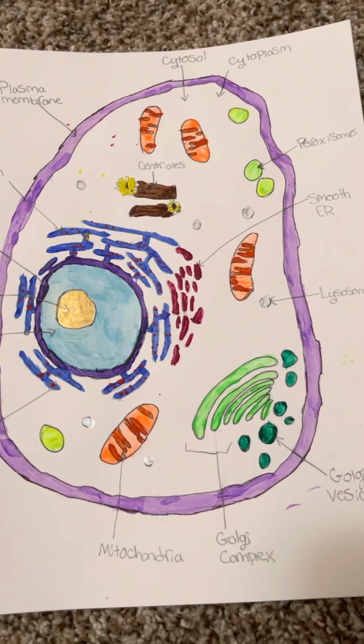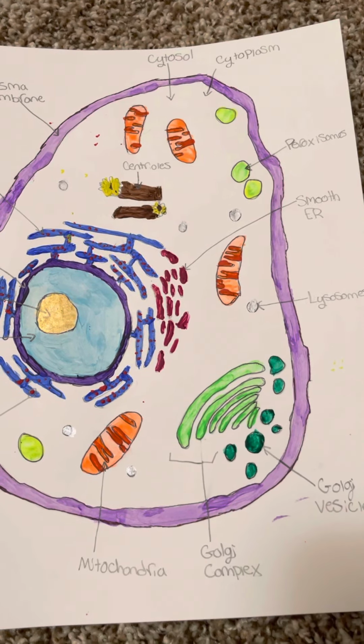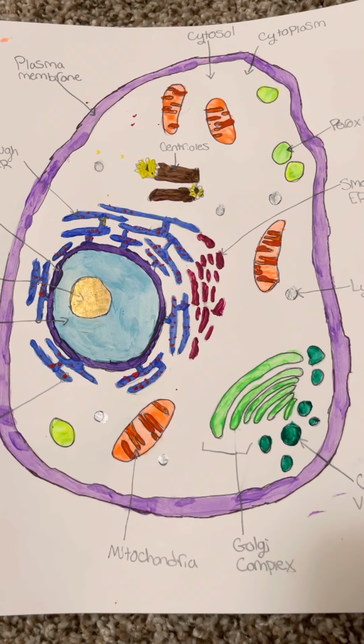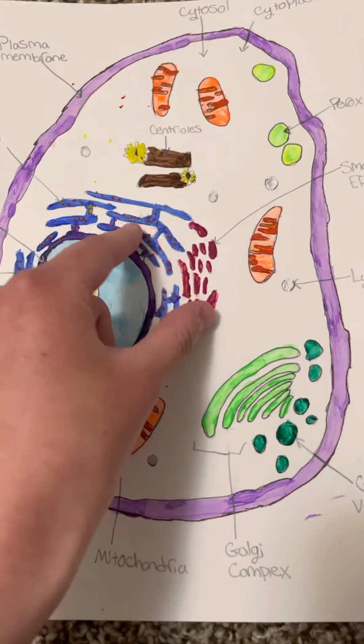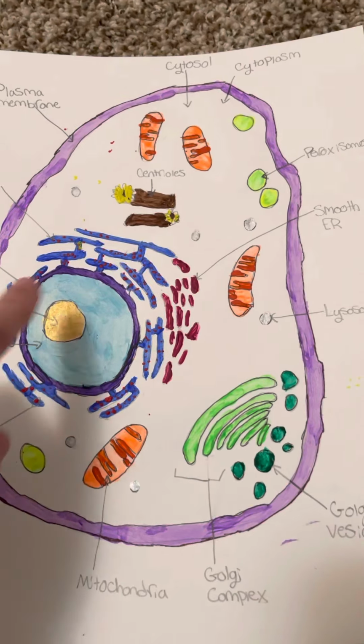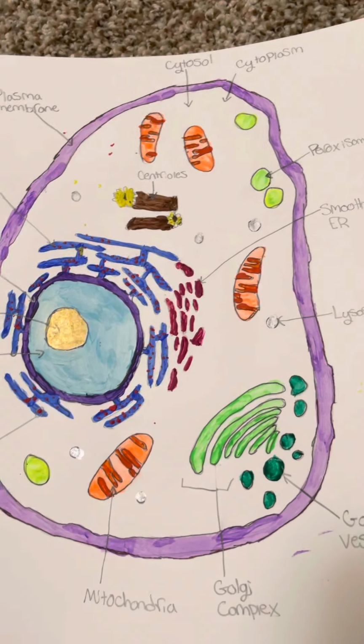And then peroxisomes, which are almost like lysosomes, but they're produced by the endoplasmic reticulum, so they're produced by this area right here to help detoxify cytosol, which is that fluid in the cell.